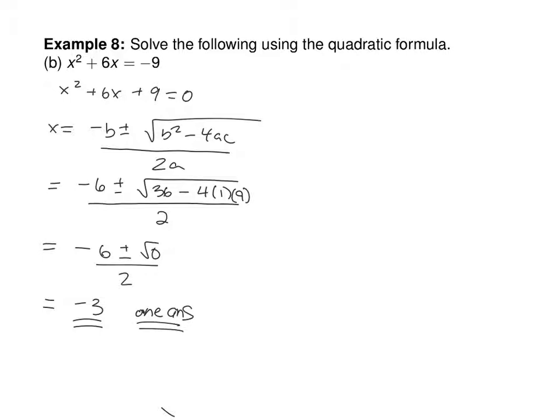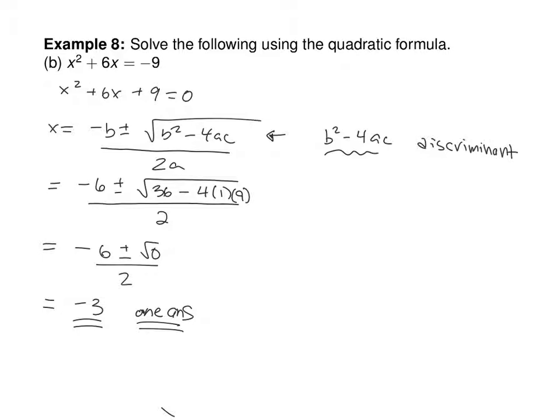So the reason I did this, I want to talk about what part of this expression determines if you have 2 answers or just one answer, and then what part of it determines if your answers are real or imaginary. We didn't have any imaginary ones, but you would get imaginary ones if you had a negative in the square root sign. So that thing inside the square root sign, that b squared minus 4ac, that's called the discriminant.